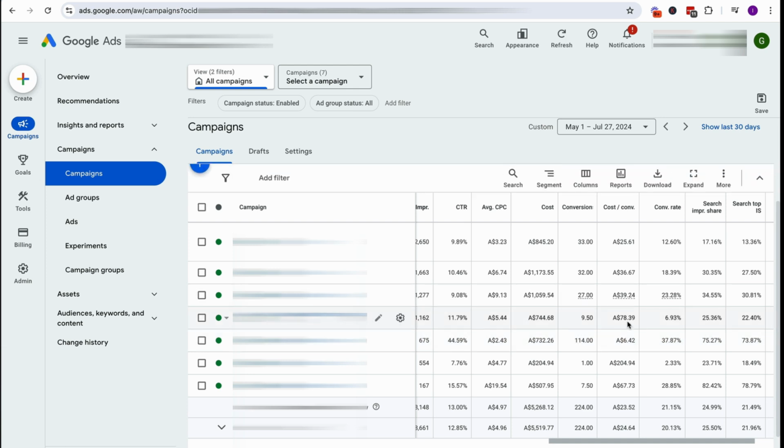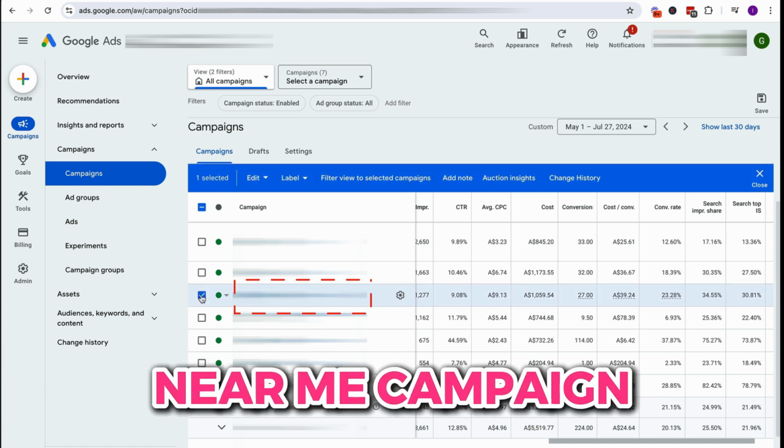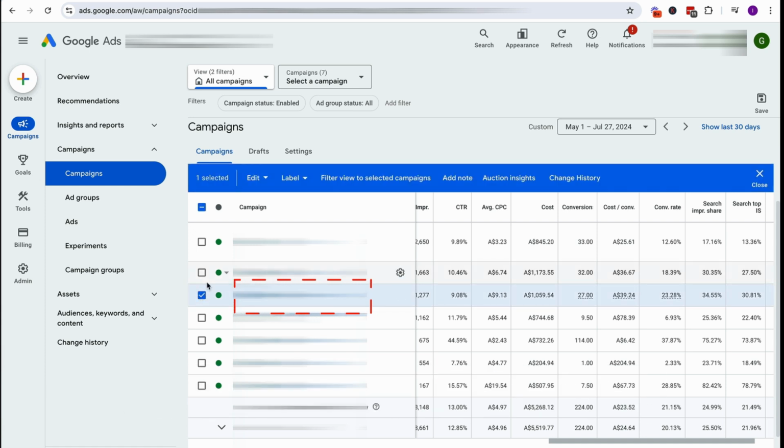The second type of must-have campaign is what I call a near me campaign. So that's the people who type in dentist near me or dental clinic near me or orthodontist near me. More and more for dental clinics it's really a mobile campaign in which you need to have a really strong mobile presence, and therefore a very mobile query is people who type in near me.